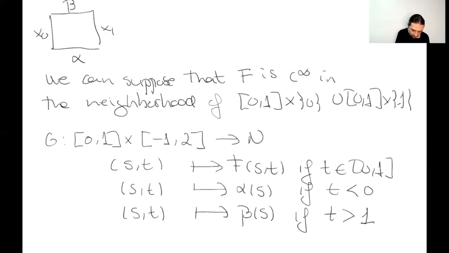So indeed what we are doing here is considering here copies of alpha and here copies of beta. The advantage of doing this is that now in the neighborhood of the side on top and this other inferior side, since the map is equal to alpha or to beta, it is C infinity. And then we can reparameterize so it's a square again. So we can suppose that f is C infinity on the neighborhood of these two sides, the downside and the upside. Very good.